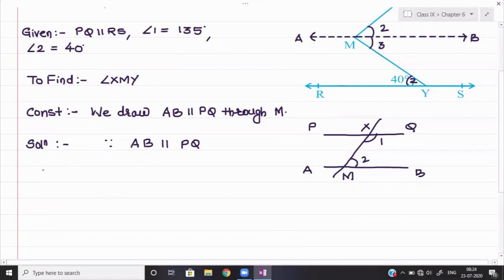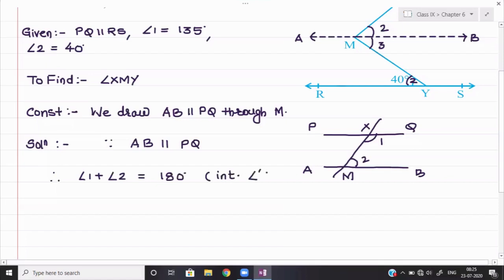So we can say that therefore angle 1 plus angle 2 would be equal to 180 degrees. Here the reason can be given: interior angles. You can write it in short, no problem.